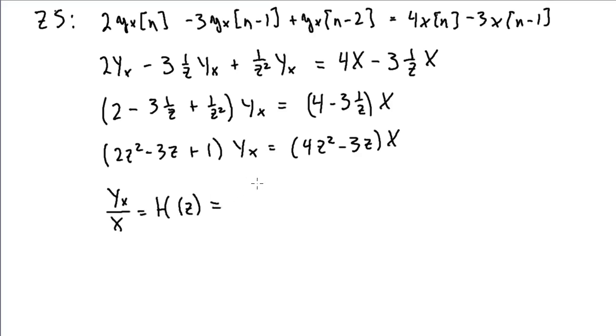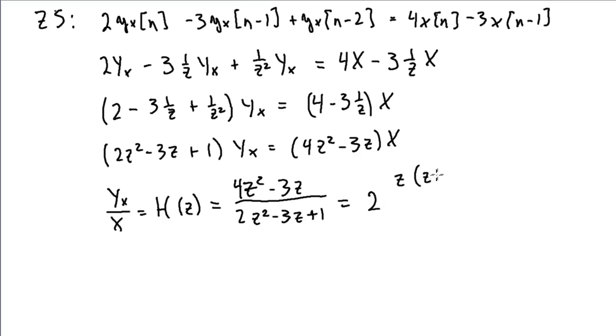In this particular case, it's going to be 4z squared minus 3z over 2z squared minus 3z plus 1, or I can rewrite this as 2z times z minus 3, factored the 4 out of the numerator and the 2 out of the denominator. So I'm left in the denominator with z squared minus 3 halves z plus 1. This is the same denominator that we had for the free response.